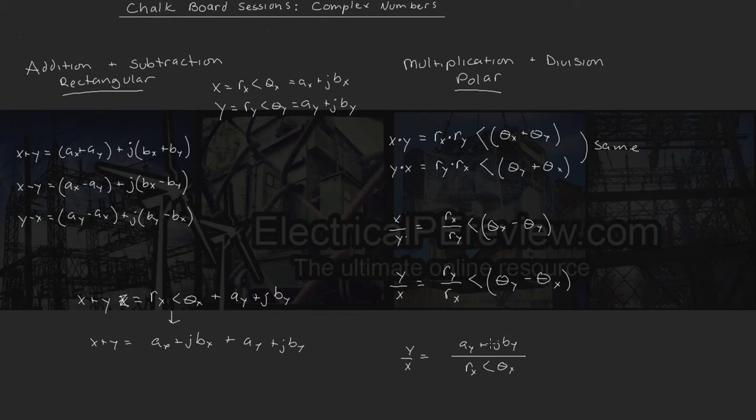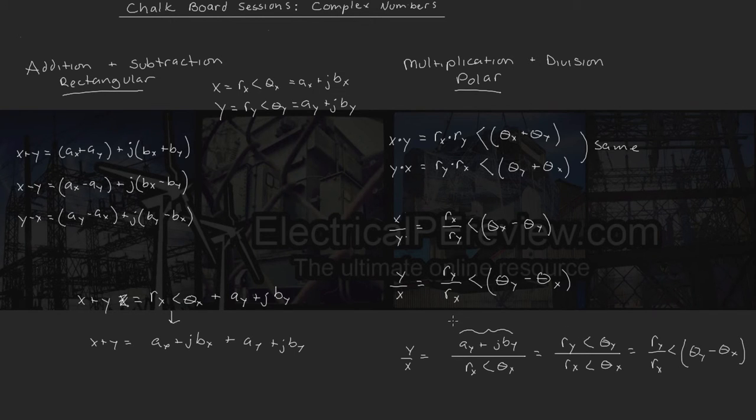Before you can carry this out, you'd have to convert the rectangular vector into polar. So you'd do your math and you'd come up with Ry theta y divided by Rx with an angle of theta x. And we could carry this out just like we did above. Ry divided by Rx at an angle of theta y minus theta x.